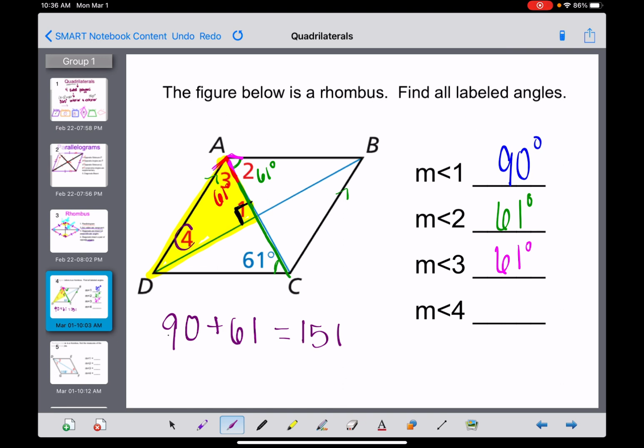So to find what's left over for angle 4, I subtract 151 from 180 to get 29 degrees. So a lot of concepts wrapped into one problem. We have our diagonals crossing at a perpendicular angle, alternate interior angles. We have the diagonals bisect on a rhombus, and then we have our interior sum of a triangle.